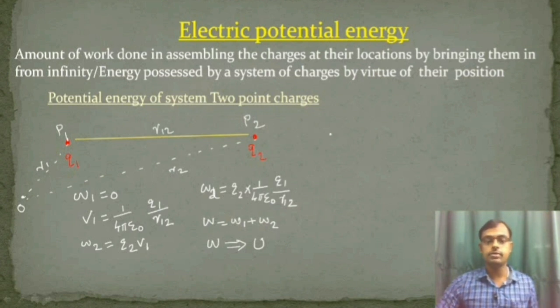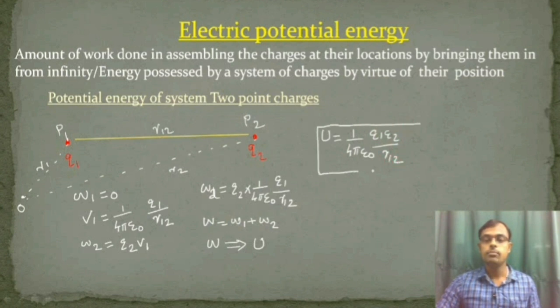Now you can write the formula: U is equal to W1 plus W2, and since W1 is 0, U is equal to 1 by 4 pi epsilon 0 Q1 Q2 divided by R12.